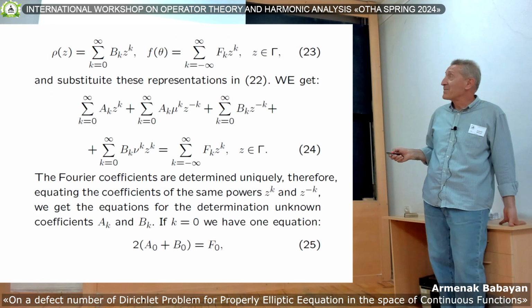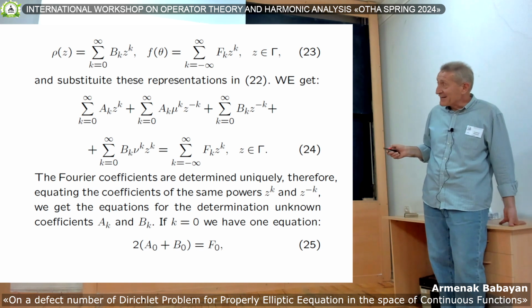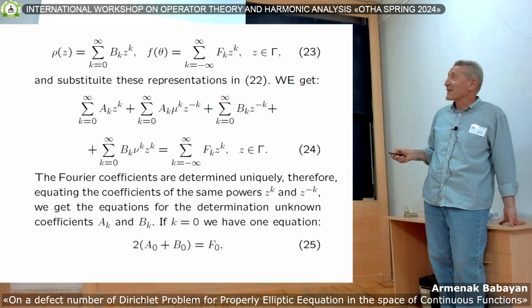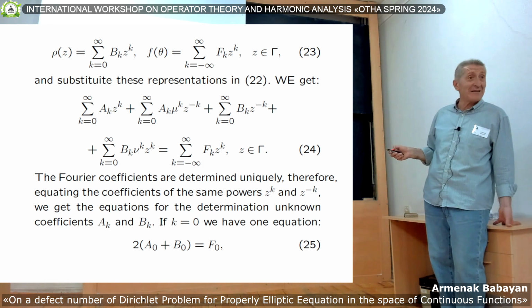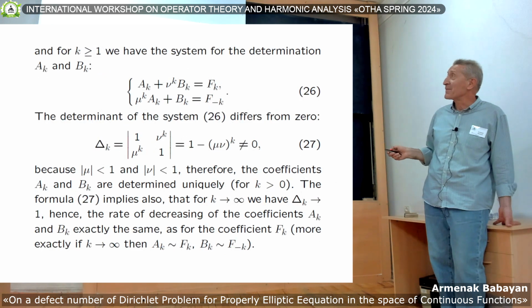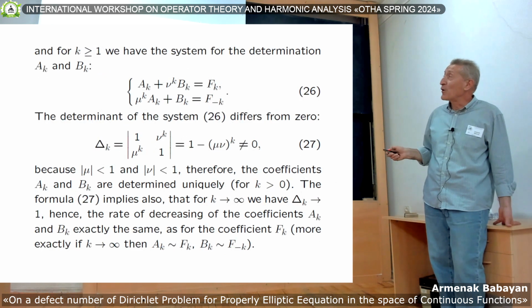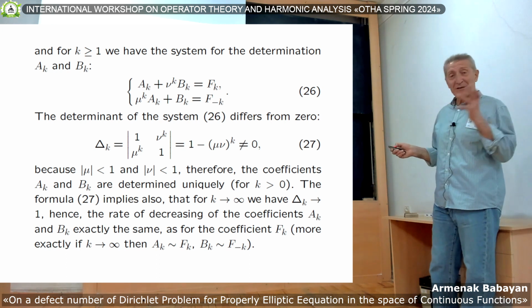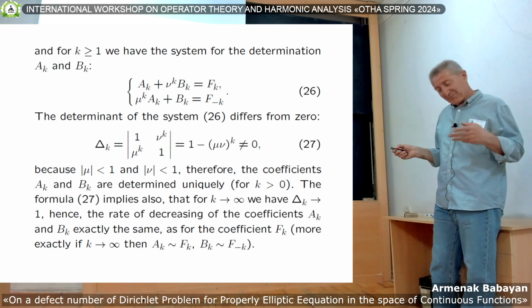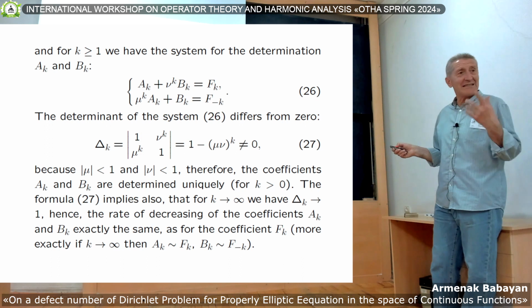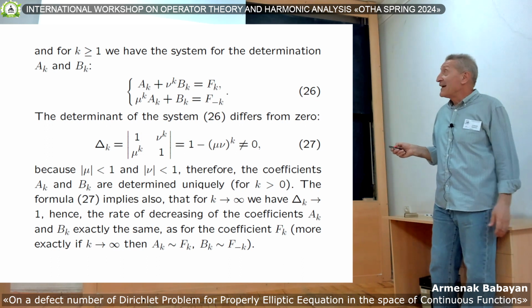Substituting this expansion in the boundary condition, we get the following equation for the Fourier series, and we can equate the coefficients for corresponding powers of z and z conjugate.